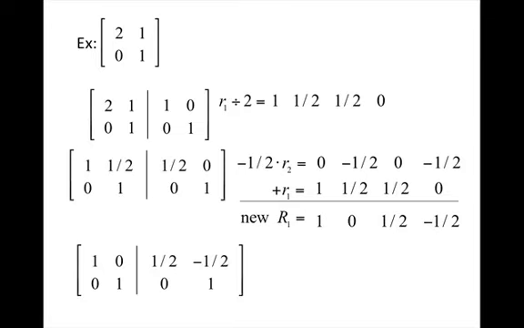So rewrite row 1 as 1, 0, 1/2, negative 1/2, and keep row 2 the same, 0, 1, 0, 1. Now that my left-hand side is the identity matrix, the right-hand side is my inverse. So my inverse is 1/2, negative 1/2, 0, 1.